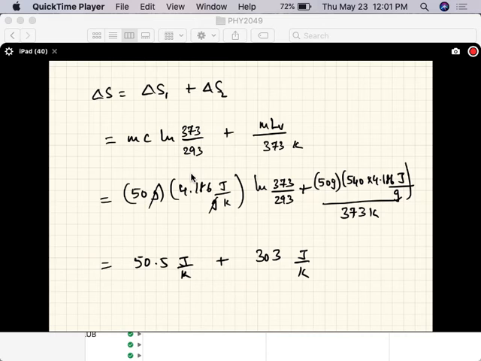All right, so you can see it right here. The 4.186 is a common factor, 50 is common.